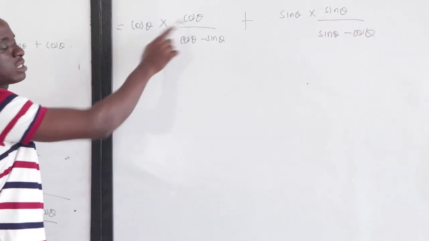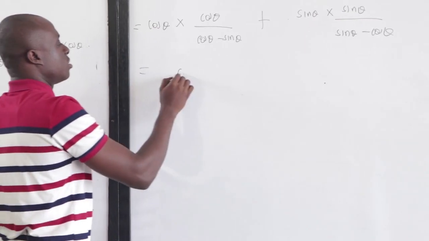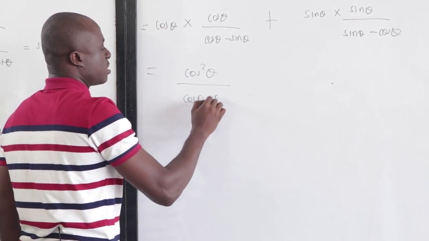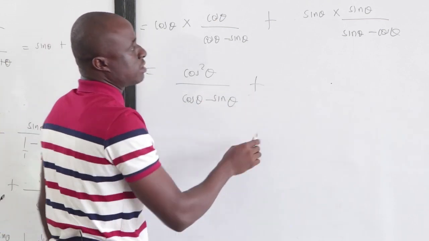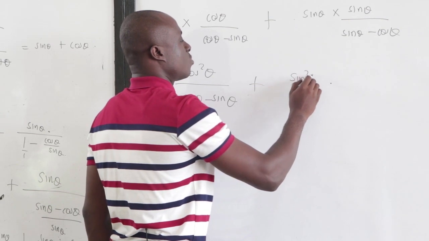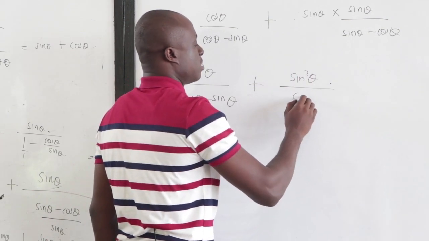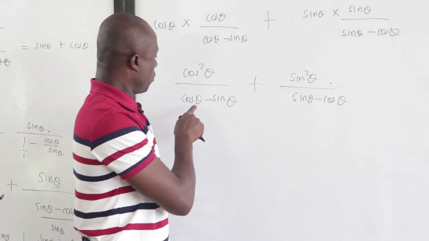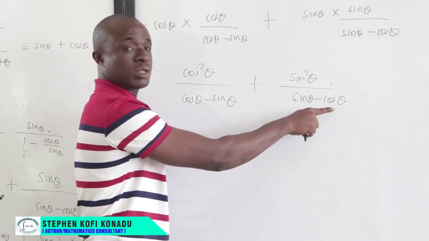Now what is cos theta times cos theta? This will give us cos squared theta all over cos theta minus sine theta plus sine theta times sine theta. This is just sine squared theta all over sine theta minus cos theta. We have cos theta minus sine theta, we have sine theta minus cos theta.